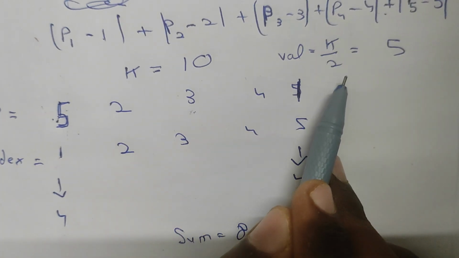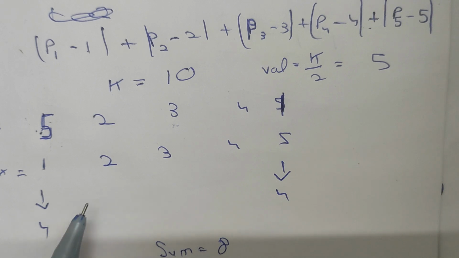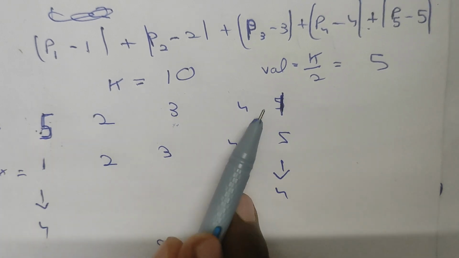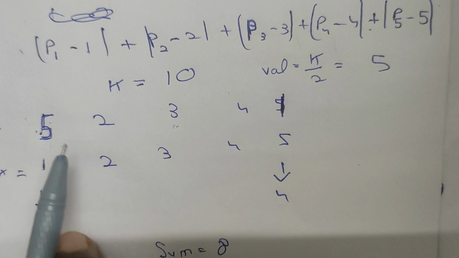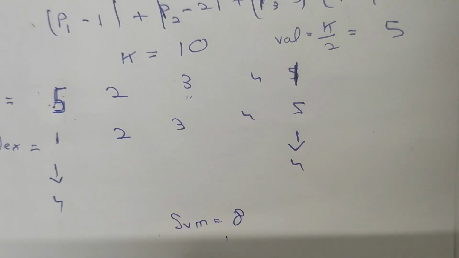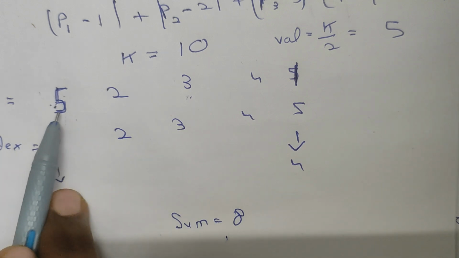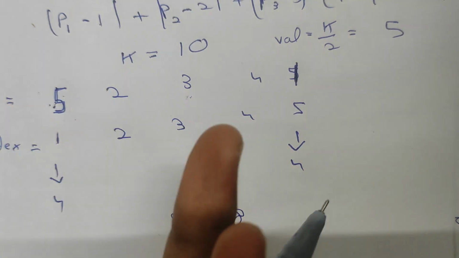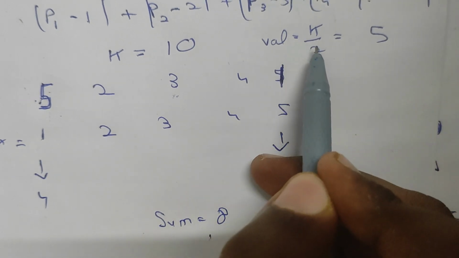Since I'm going to swap two values, two differences will contribute to the sum. This contributed a 4 to the sum, and this contributed a 4 to the sum. So when I swap one index, there will be two contributions. That's why I took k by 2.